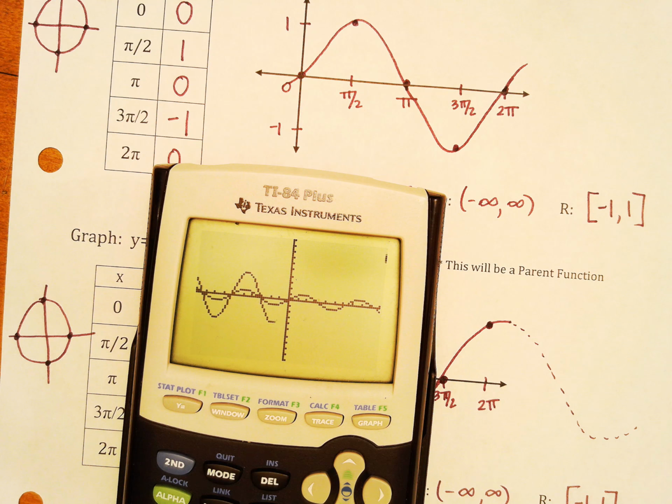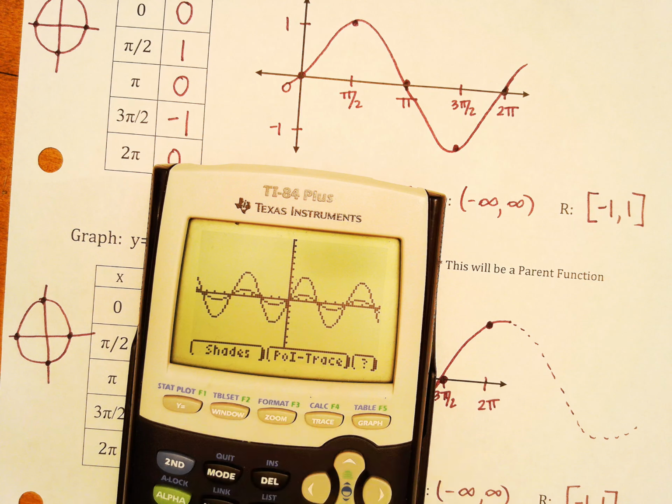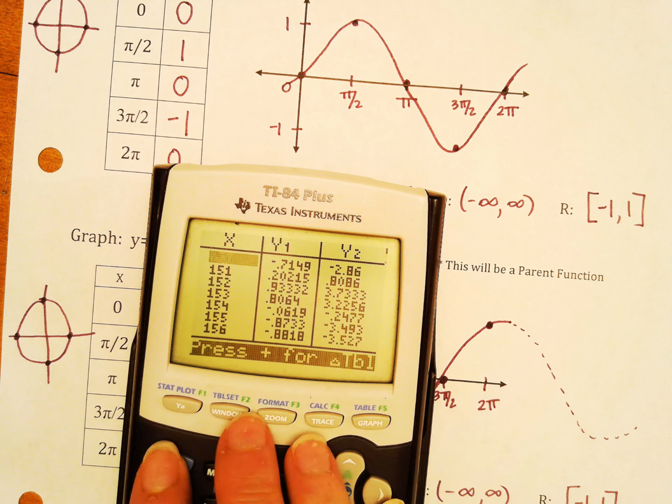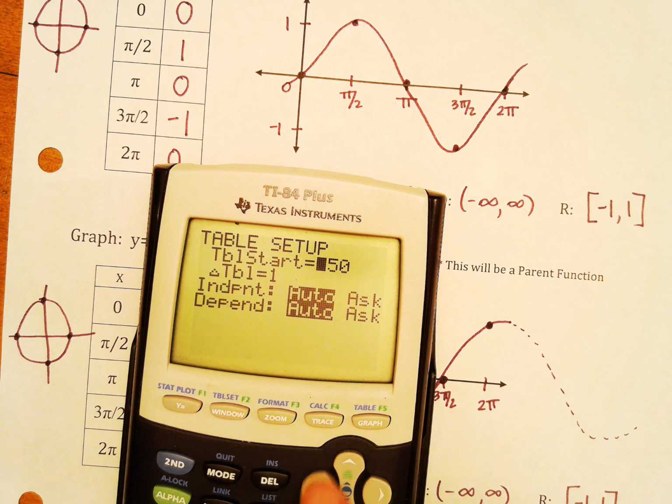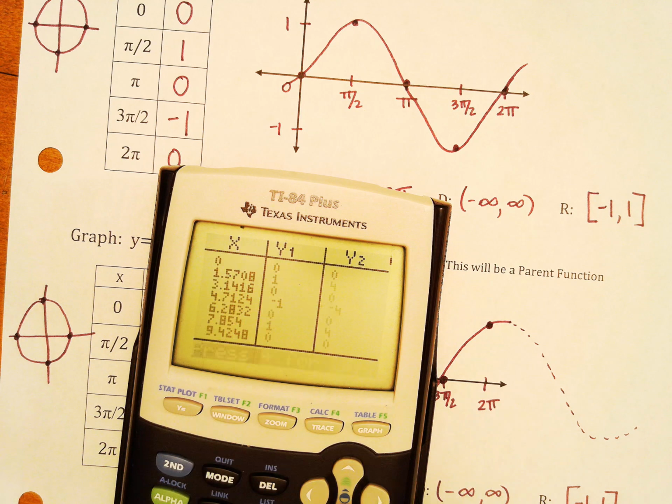The only change that we see is that we're stretching it out and making it taller. So instead of going up to 1 and down to -1 on my table, I'm going to start at 0 and go in increments of pi over 2.